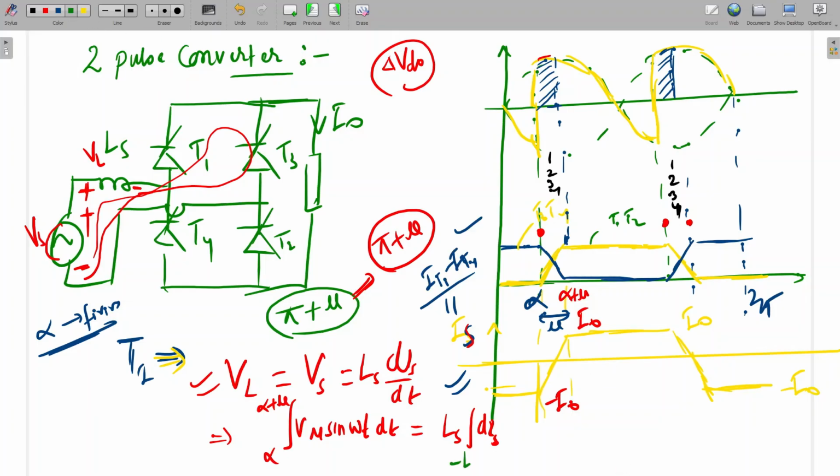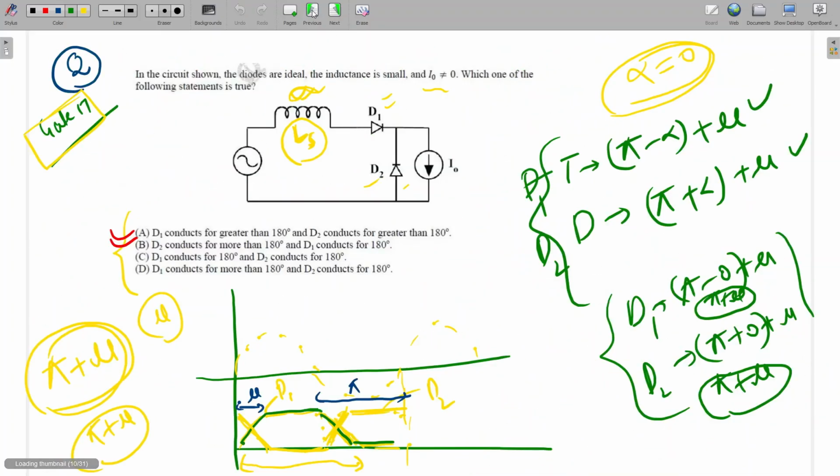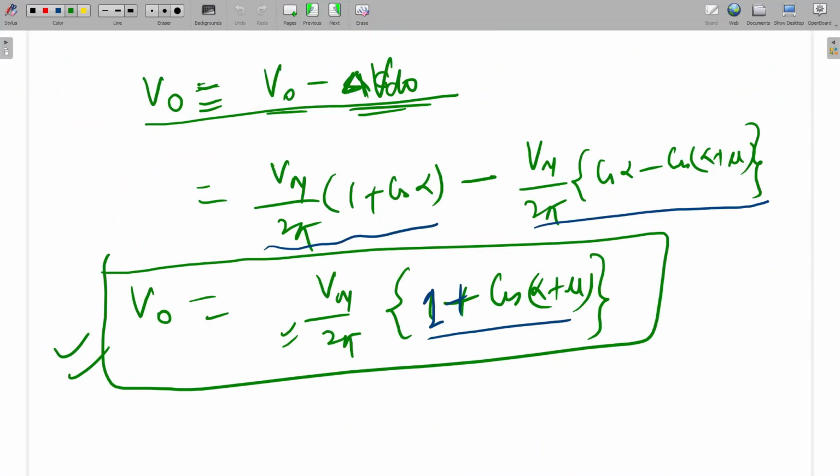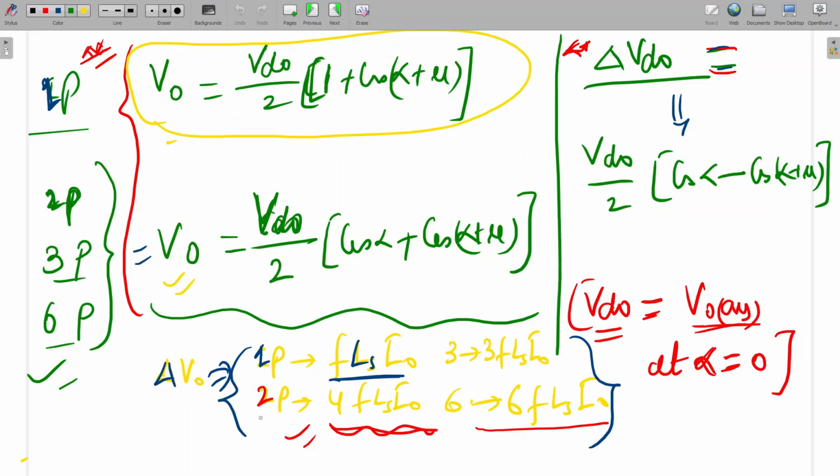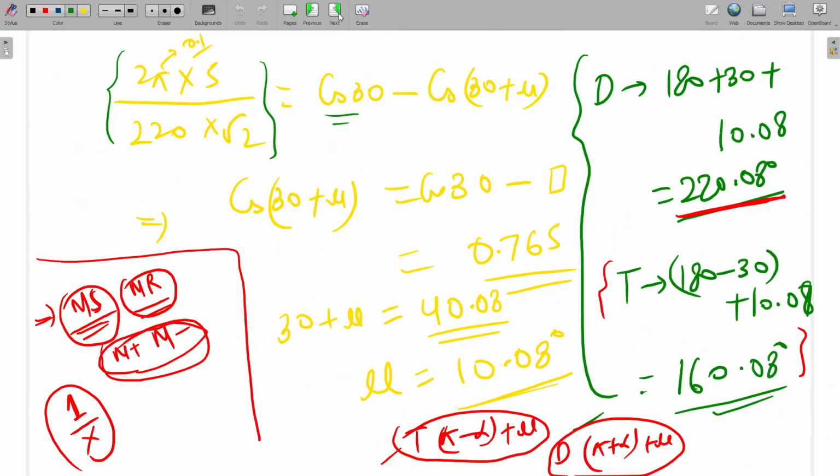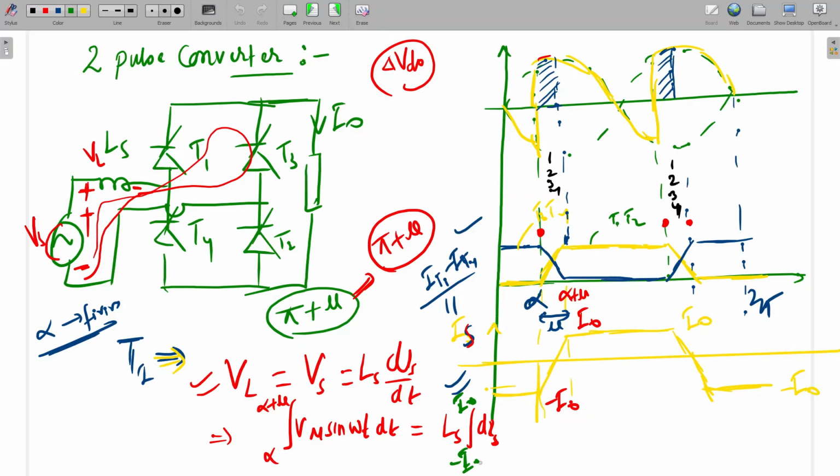That's why we get the final result as 4 f Ls I naught compared to the others. I have already shown the summary here: for the 2 pulse converter, 4 f Ls I naught is there, because the source current is changing from minus I naught to I naught.